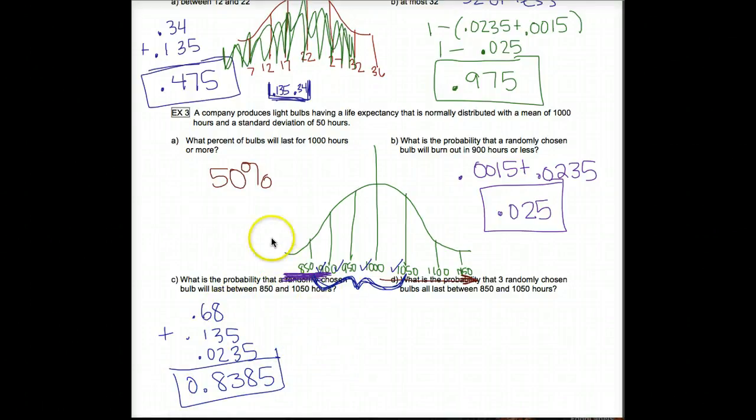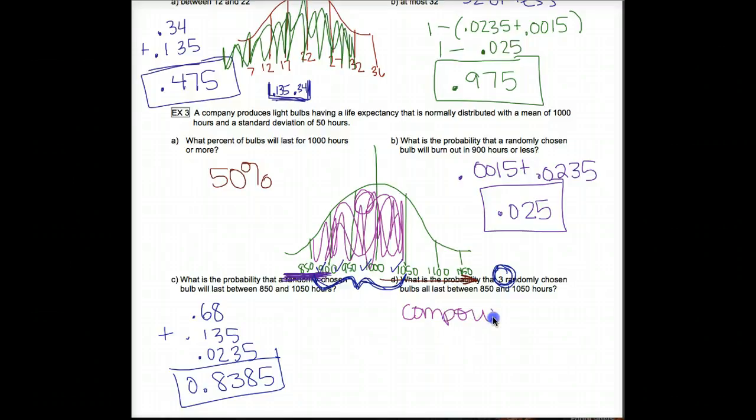Last one, what is the probability that 3 randomly chosen bulbs all last between 850 and 1,050 hours? Now, this, it's the same area, right? 850 to 1,050 is in here. But what's different here is that they're asking about 3 randomly chosen bulbs. This is what we call in statistics a compound event.